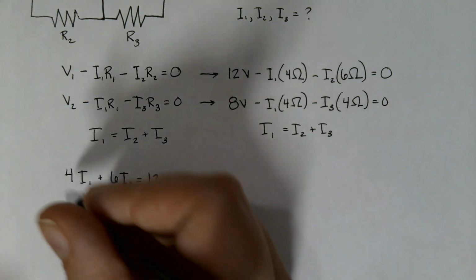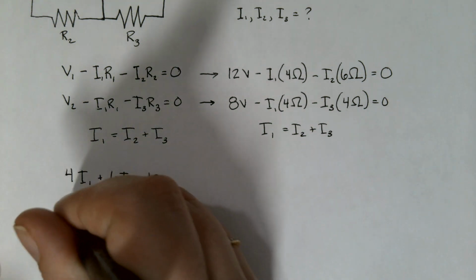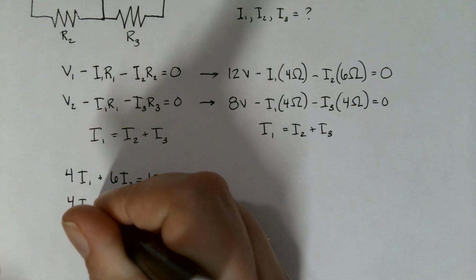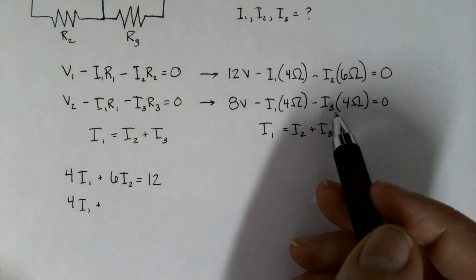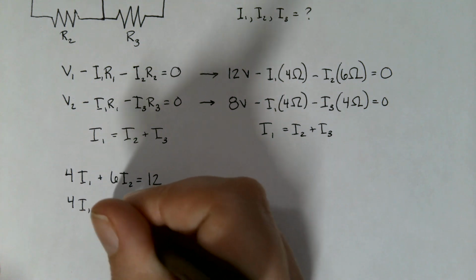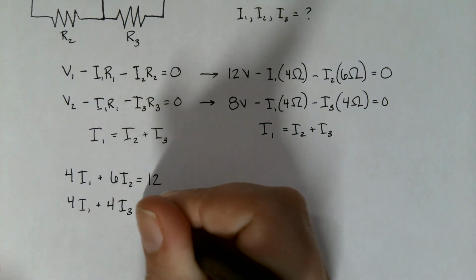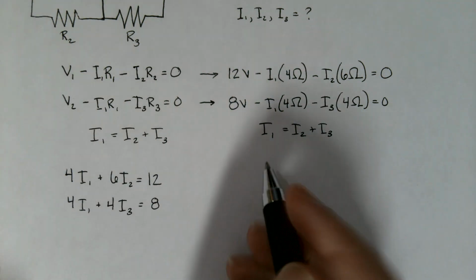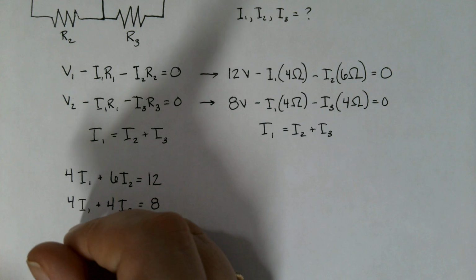The next one is 4 times I1 plus 4 times I3 equals 8. And the third equation, I1 equals I2 plus I3.